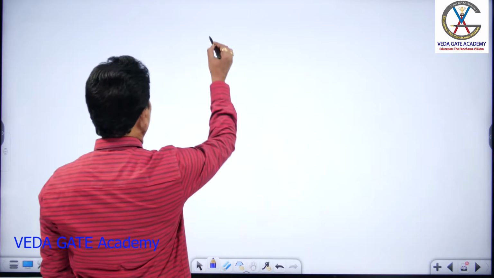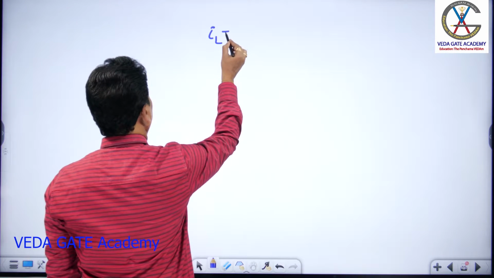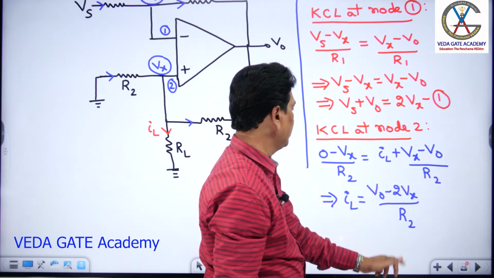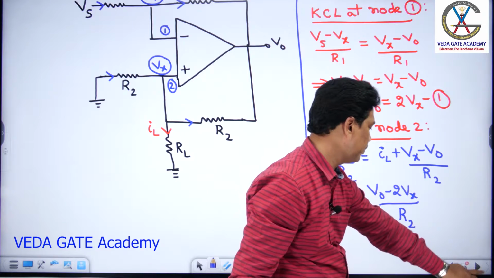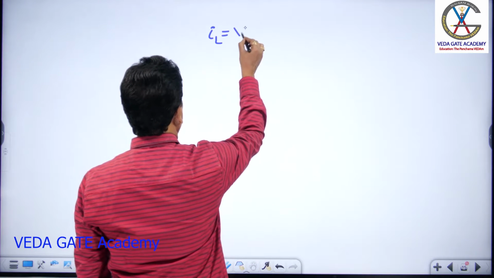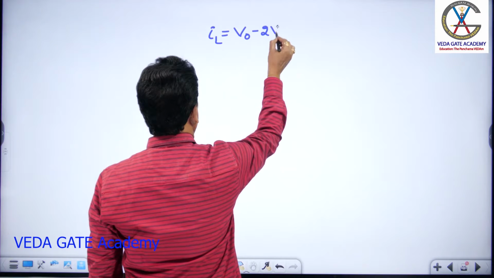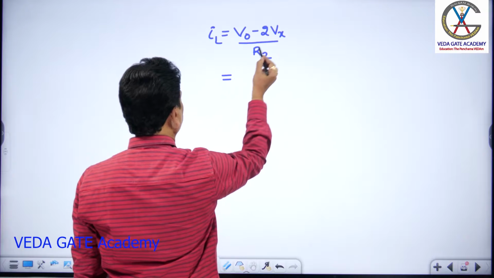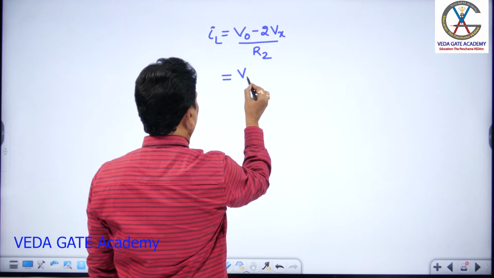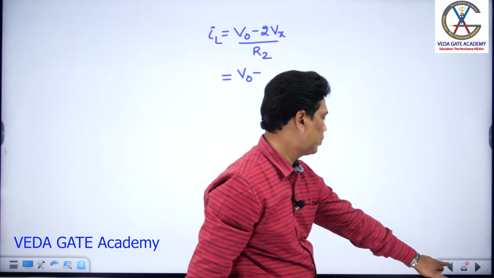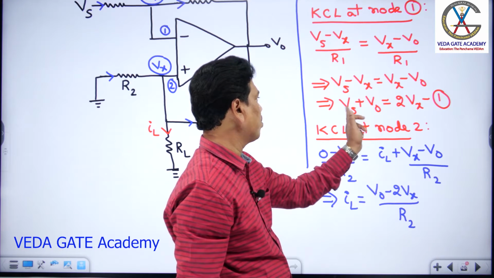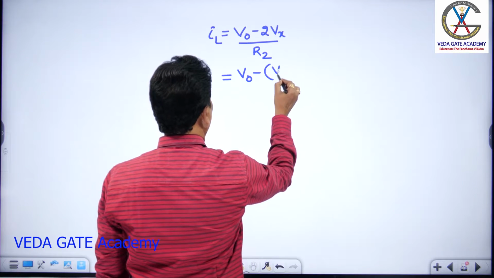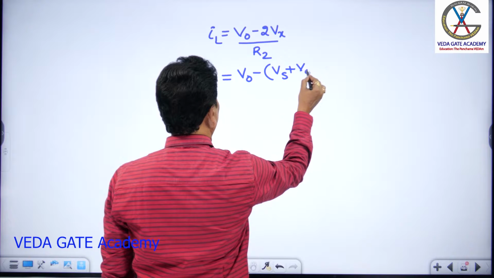From equation 1, 2Vx equal to Vs plus V0, that I substitute there, so (V0 minus (Vs plus V0)) by R2.